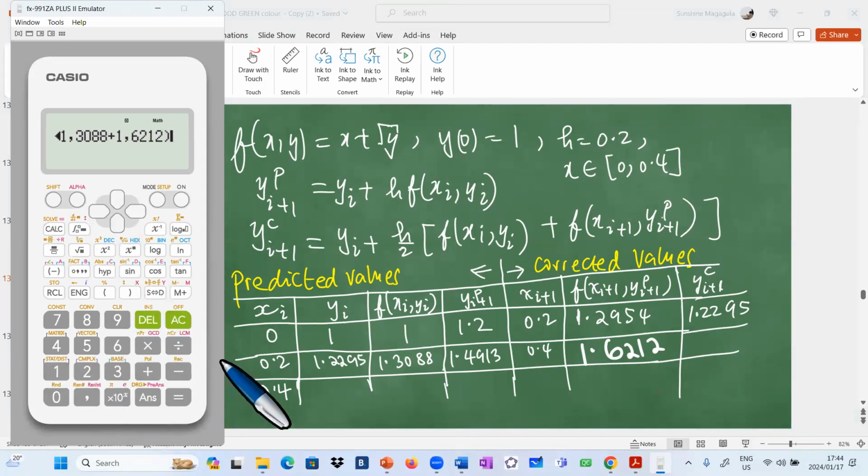And then you close like this. Which is 1.5225.